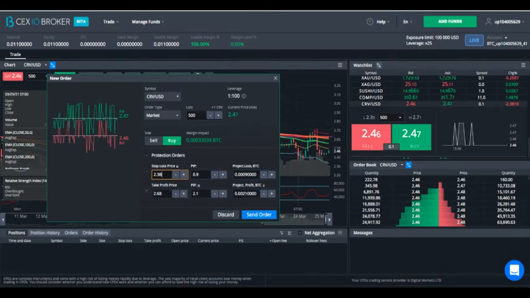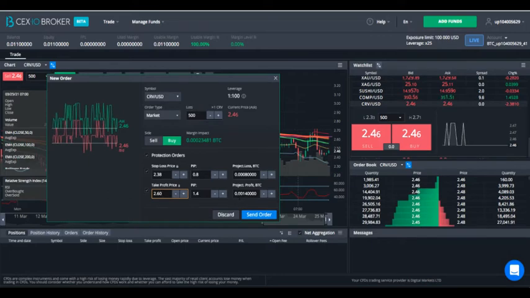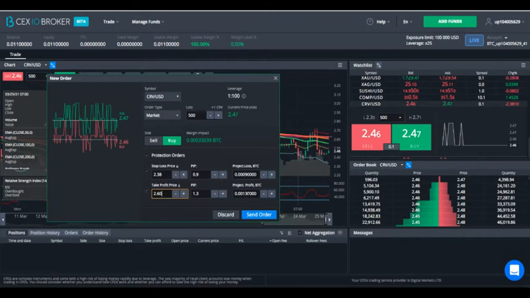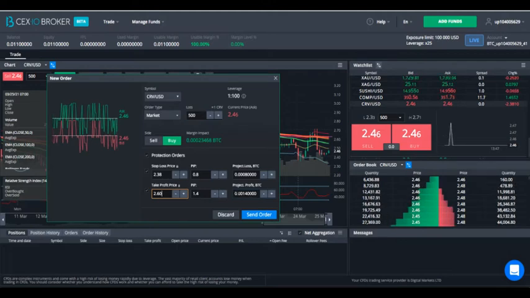However, in my take profit price, I said I was going for about $2.60. So if I put 260 as my take profit, it also shows me this is how much profit I would make. 140,000 satoshis would be my profit if I took the trade now and the trade went in the direction that I expected, and it went to my expected price, and it would close my trade.